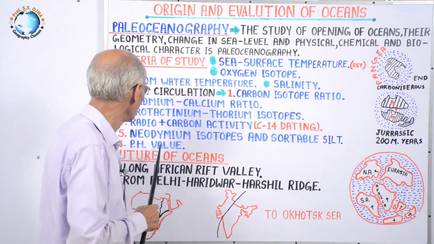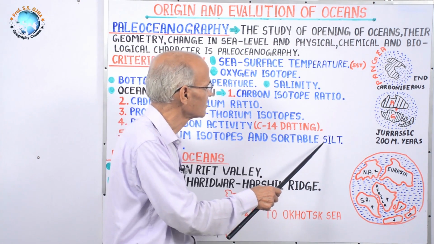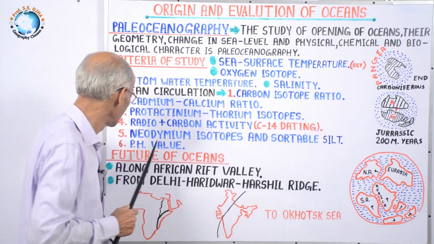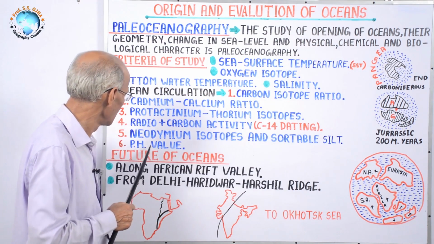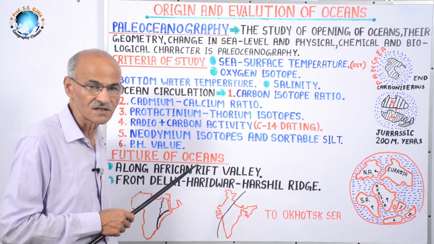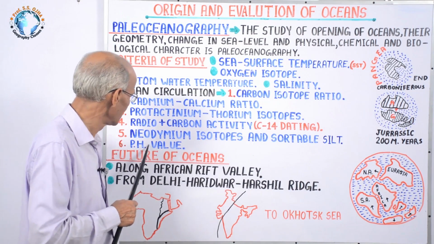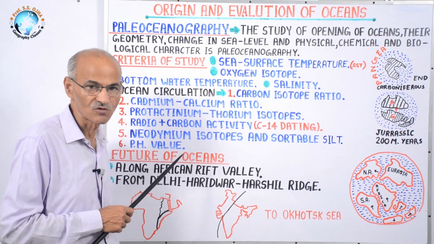And next is pH value. pH value means the study of acidity and alkalinity. If pH value is nearly 7, it is neutral.